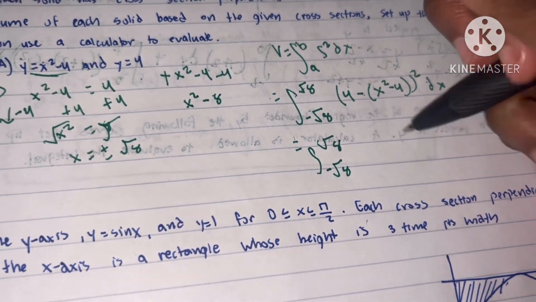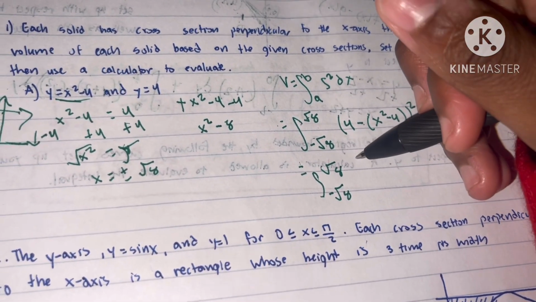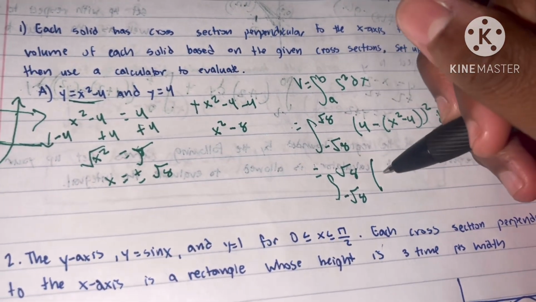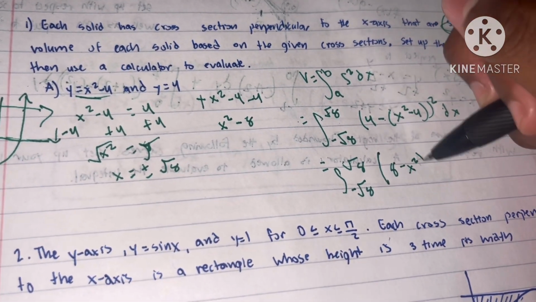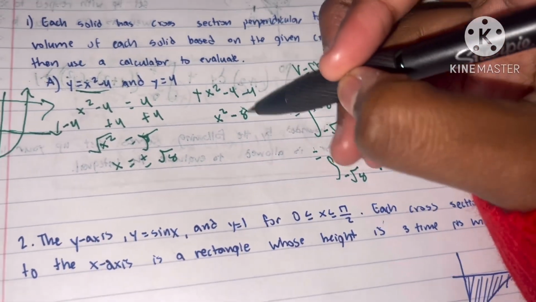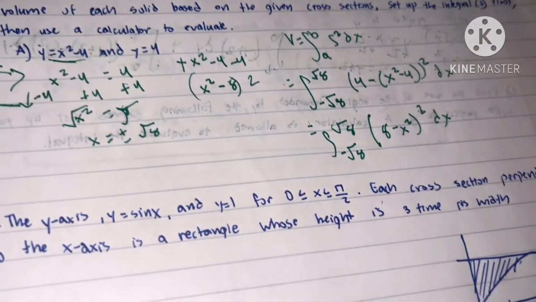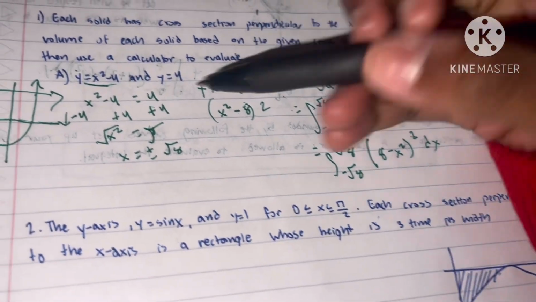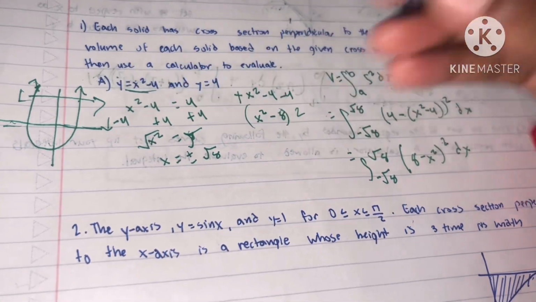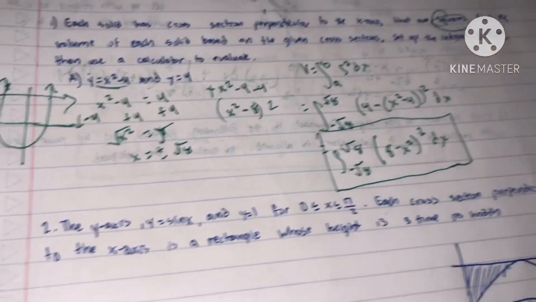It doesn't really matter which way you go. So it'll be 8 minus x squared dx, because it's always squared. When there's a negative, the negative cancels out. But I like to do it this way because it helps me a lot. But this is your solution.